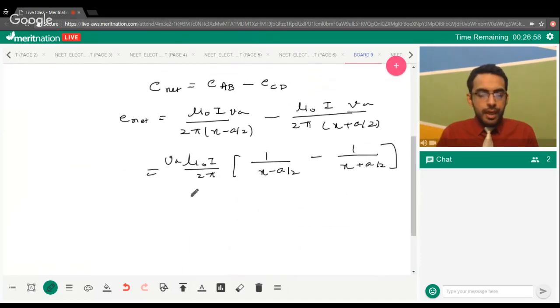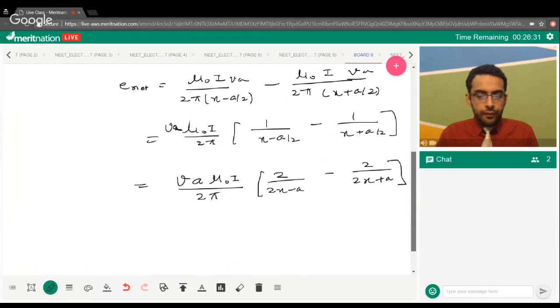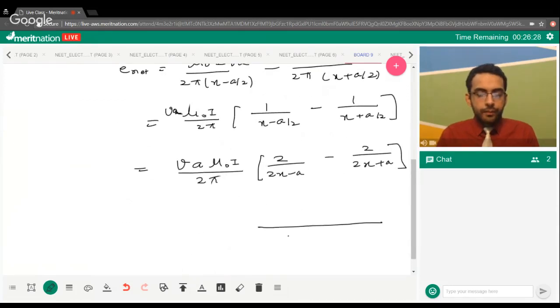So now you can say VA into mu naught I over 2 pi into 2 over 2X minus A, minus 2 over 2X plus A. If you further solve it, you get 2X minus A into 2X plus A as the LCM, and 2 you can take common.